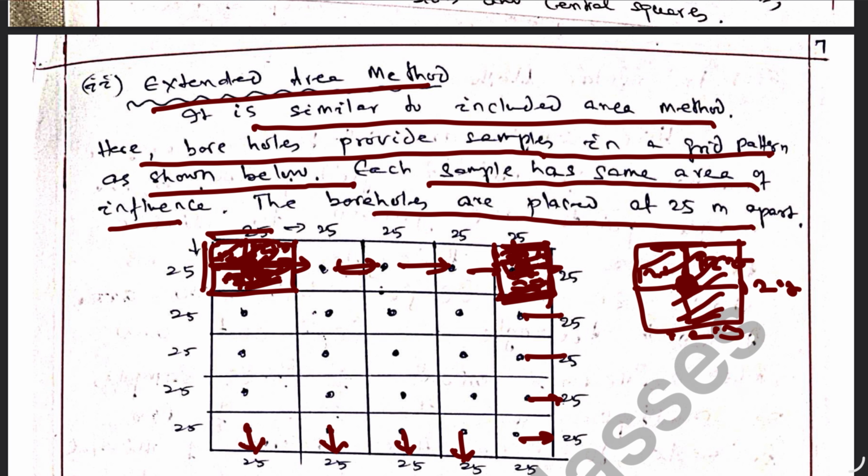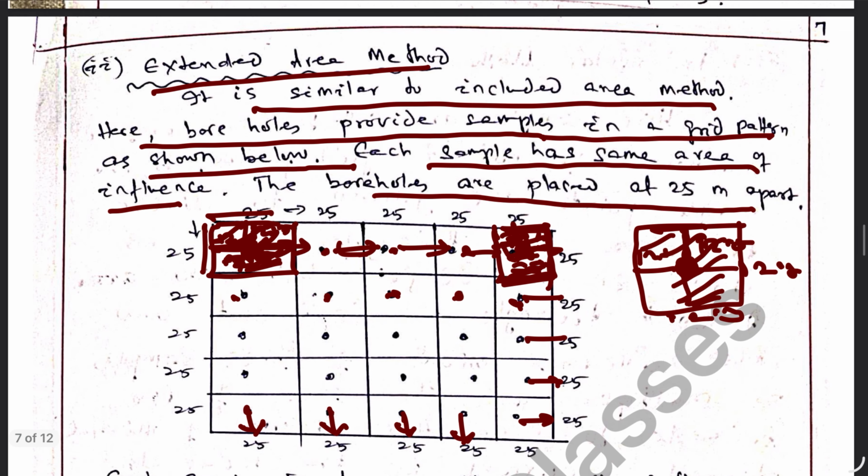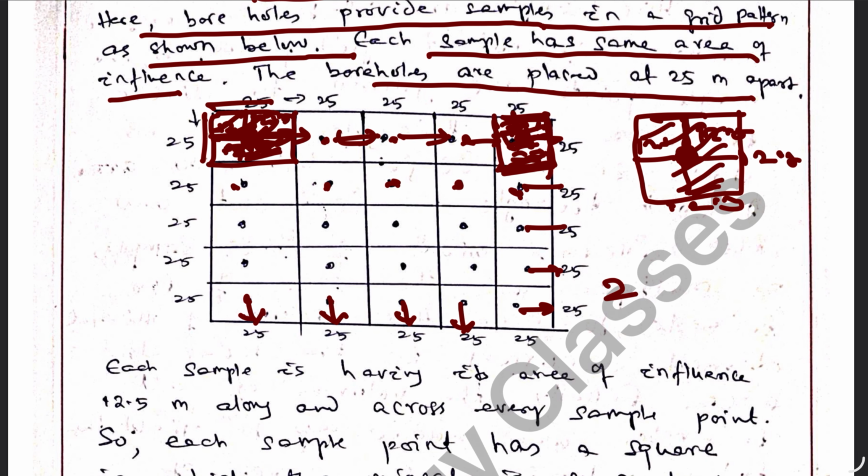So as the area has been extended, that's why this method is called extended area method. So we have at the center of each block a sample point. So we have here 85 blocks, each block having area 25 into 25.